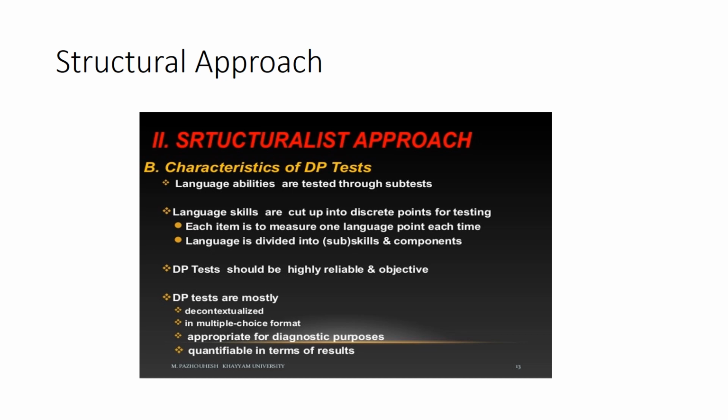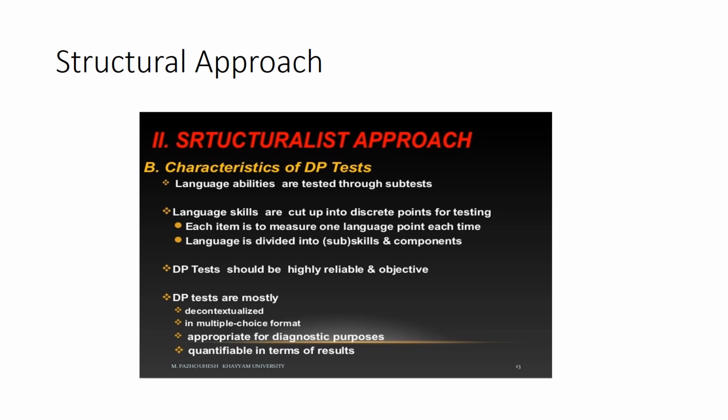Language skills are cut up into discrete points for testing. So you cannot test two skills at the same time. You cannot test reading and writing in the same question. Each skill should be tested in a certain question. Each item is to measure one language point each time. Language is divided into sub-skills or skills and components.